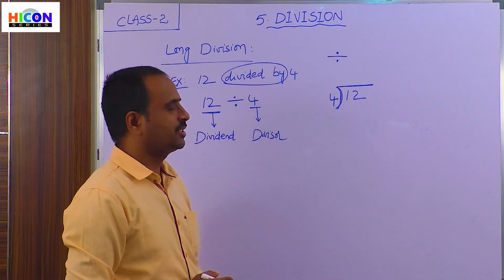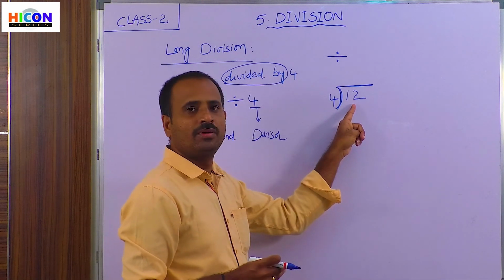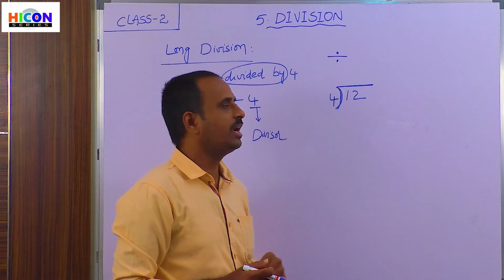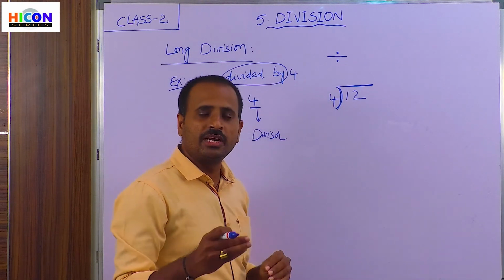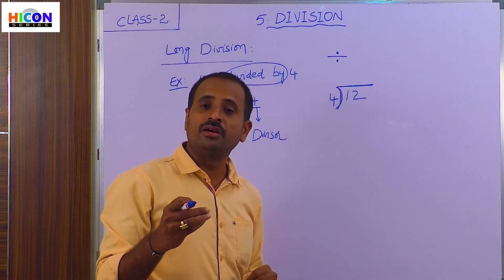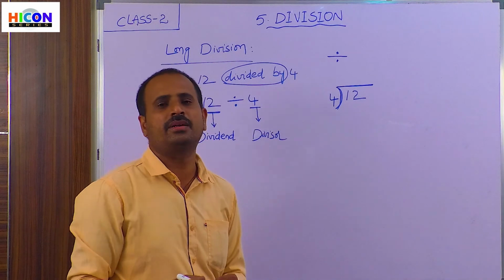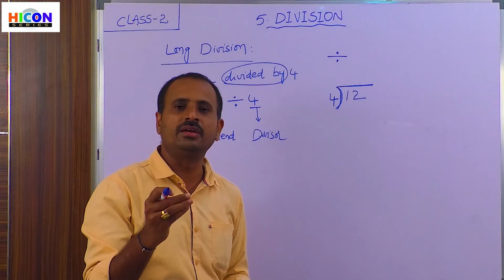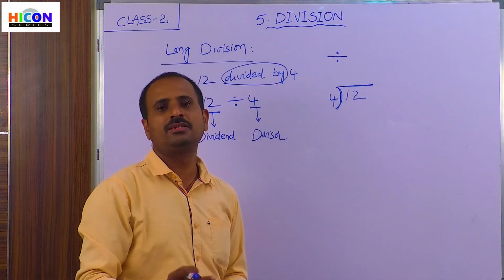Children, first of all, see. Now we have to divide the number 12 by 4. Children, remember, you should learn tables while doing divisions. The tables are very, very important. First you should learn the tables thoroughly, then division becomes very easy.